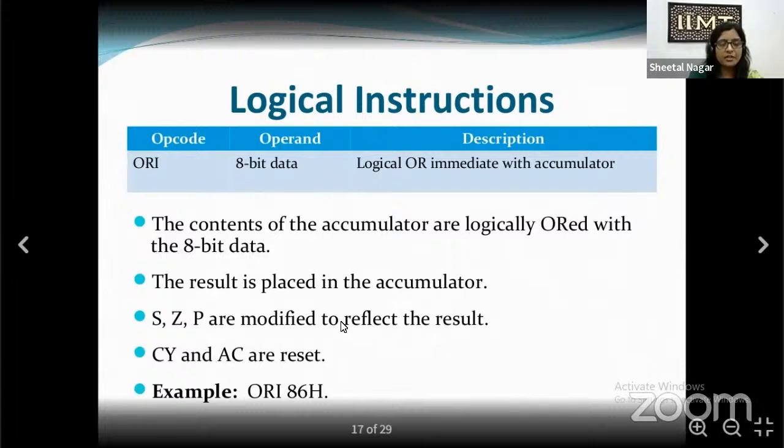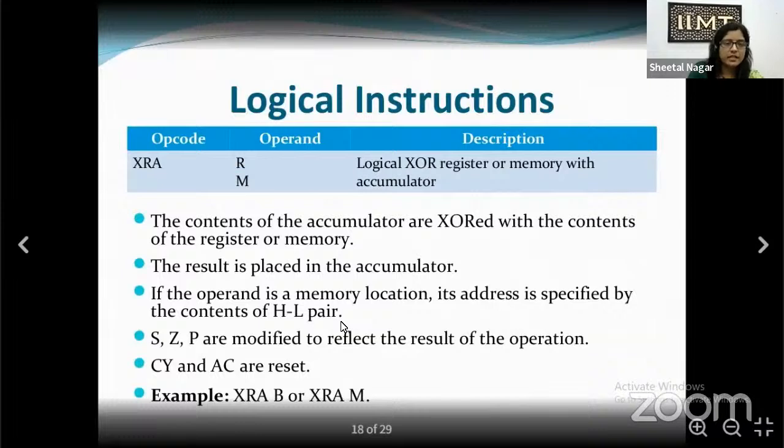After execution of this instruction, in the same manner, sign, zero, and parity flags will be modified, and carry and auxiliary carry flags are reset. Now, next one is XRA R. With the help of this instruction, a logical XOR operation will be performed with the contents of any general purpose register and the contents of the accumulator, and the result will be stored in the accumulator only.